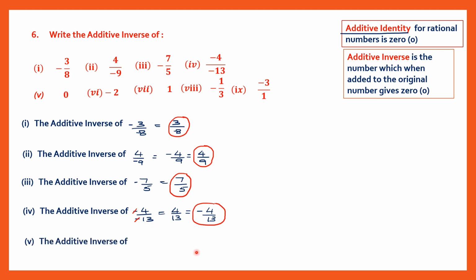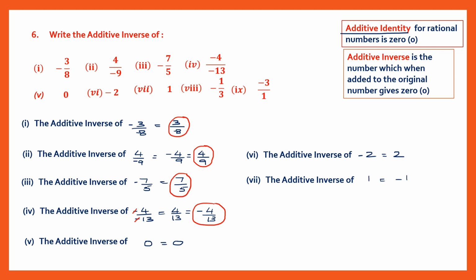Next one, the additive inverse of the fifth one, which is 0. The additive inverse of 0 is always 0 itself. Next one, the additive inverse of minus 2 will be positive, so that is 2. Question 7, the additive inverse of 1. So 1 is positive, so the additive inverse will become negative, minus 1.